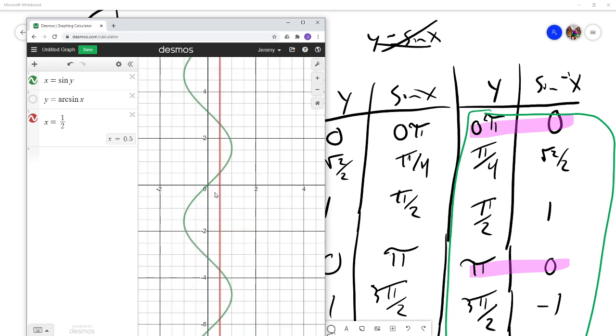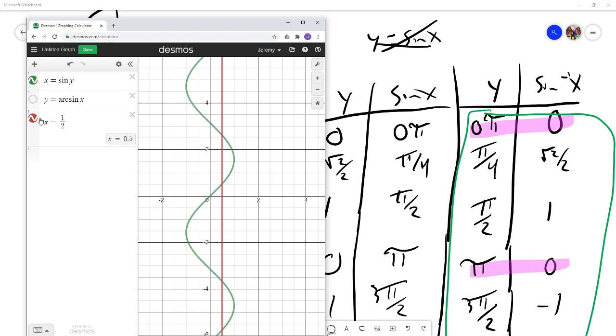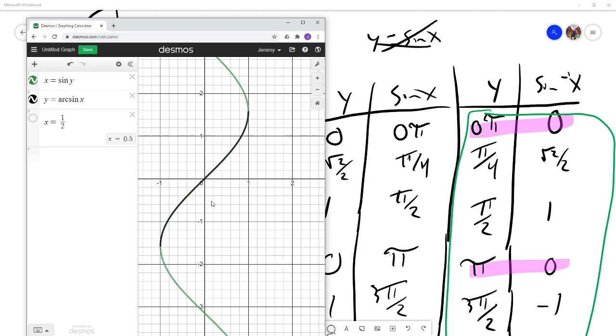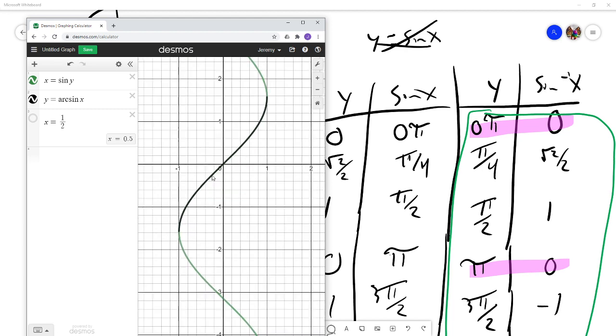So how we're going to restrict the range is we're going to pay attention to the values between down here and up here. Okay? So this part here in black, that is going to be the range of arcsine.